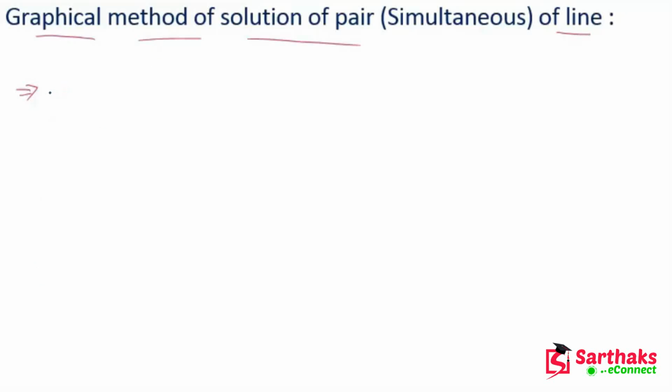Graphically, a pair of linear equations in two variables can be represented by a pair of straight lines. For finding the solution of a pair of linear equations by the graphical method, we have to follow some steps.